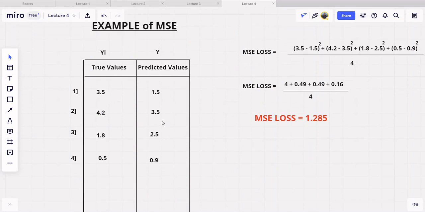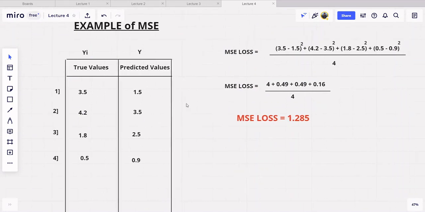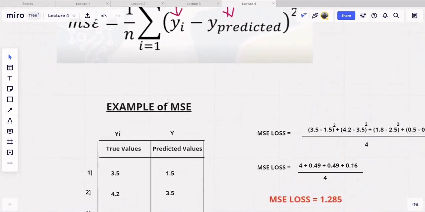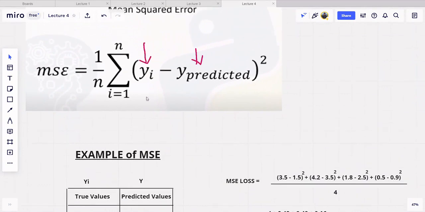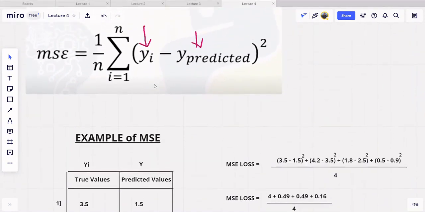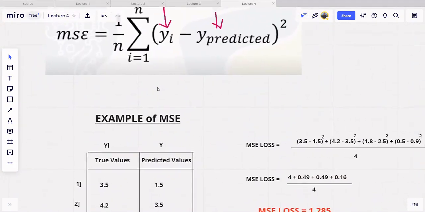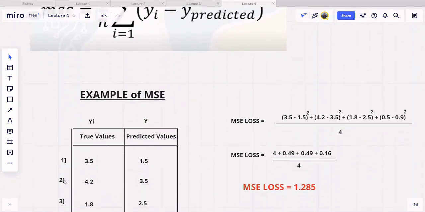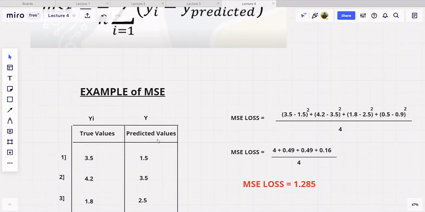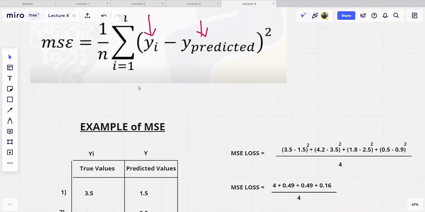Now in this case, how do we calculate the mean square error? If we go according to the formula, we first have to find the square of the difference between the actual value and the predicted value for all the samples.